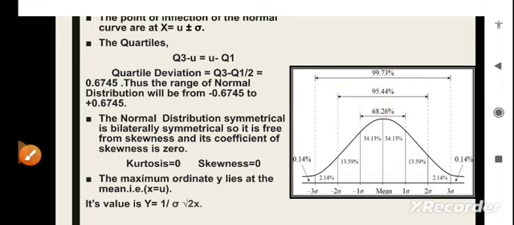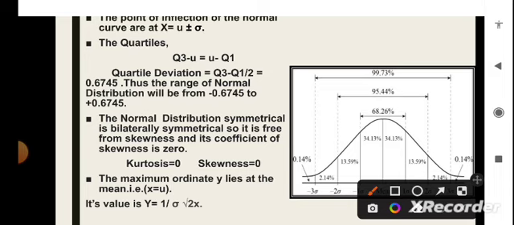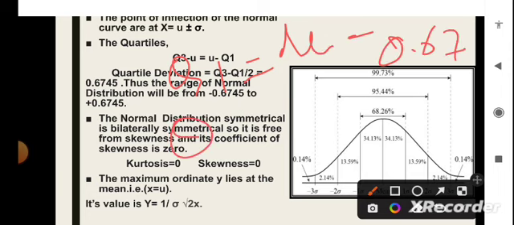In the previous video, we have learned about the quartile and quartile deviation. As the normal distribution is symmetrical, here the third quartile and the first quartile are at equal distances, which gives that the value of first quartile is equal to mean minus 0.67 and the value of third quartile is equal to mean plus 0.67.